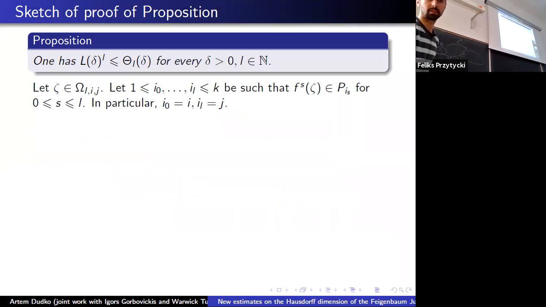For this proposition, if we have a point zeta like this, mapped to xj, we can mark the indices i1, i2, and so on as we iterate. So we have Pi equal to Pi0. Then here we have Pi1, Pi2, and so on.